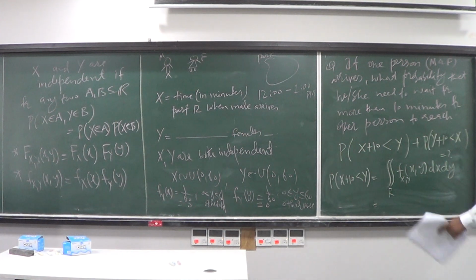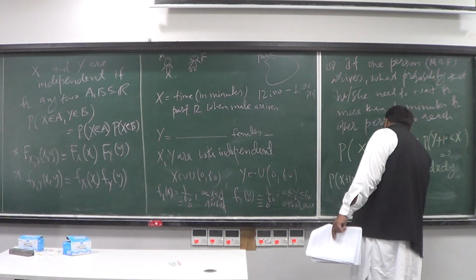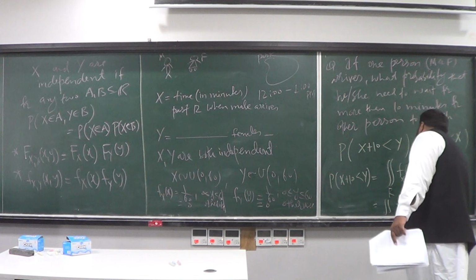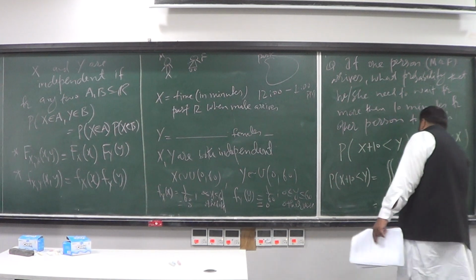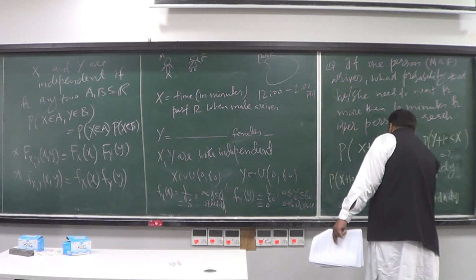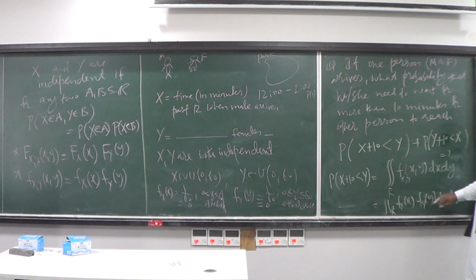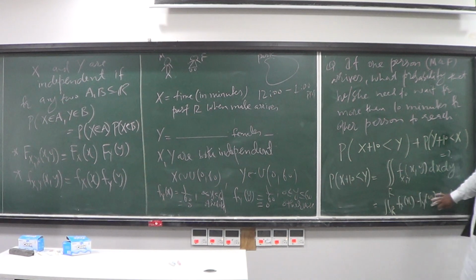But there is also another interesting thing: since X and Y are independent, this integral can also be written as the product of fx of x and fy of y, dx dy over R. Since X and Y are independent, this can be written as a product, and in order to compute this probability, we need to compute these two integrals.